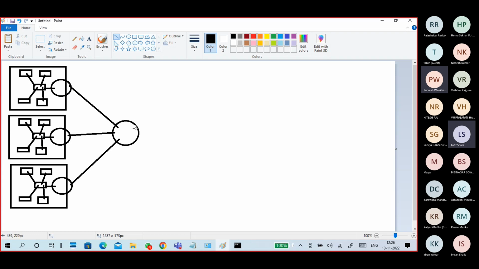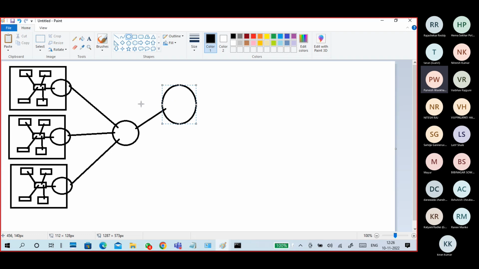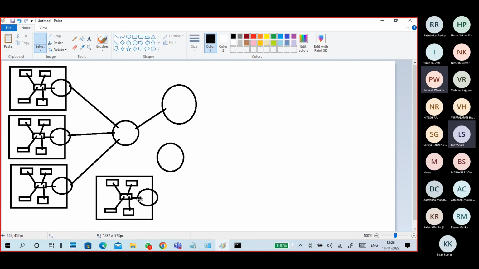It is again outside, and again it will go to the main connectivity. These kinds of networks are there already.